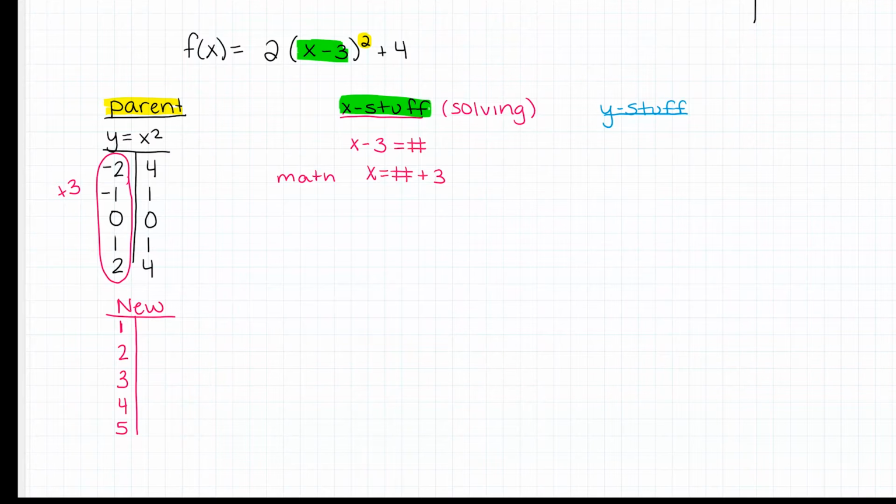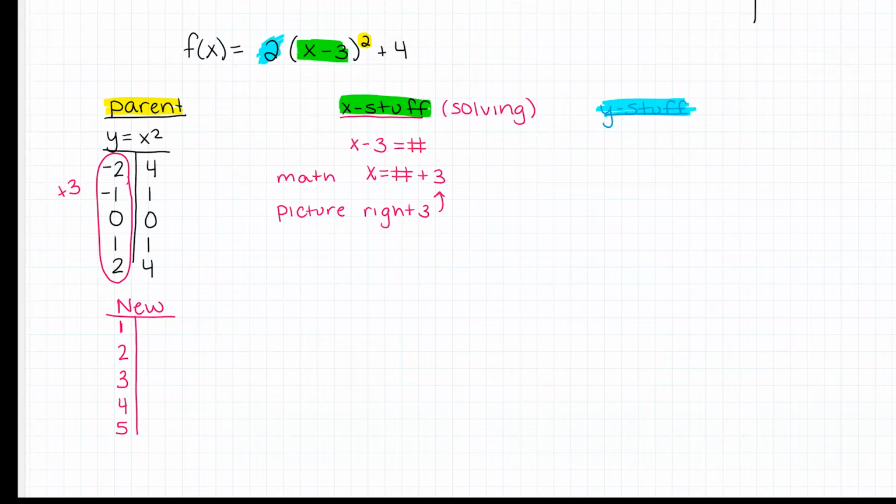If you take an x value, which is a left-right value, and you add 3 to it, what's going to happen to the picture? Well, that picture is going to move to the right 3 because we're adding 3 to get the new x's.